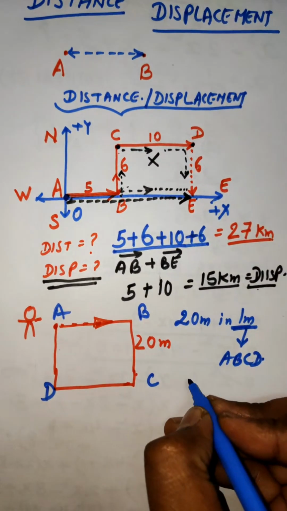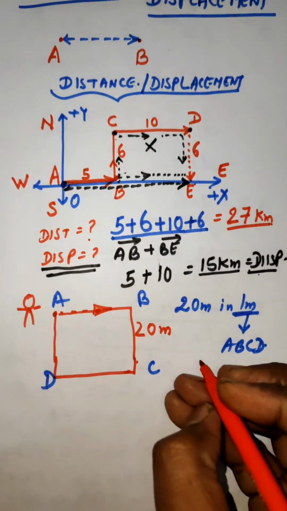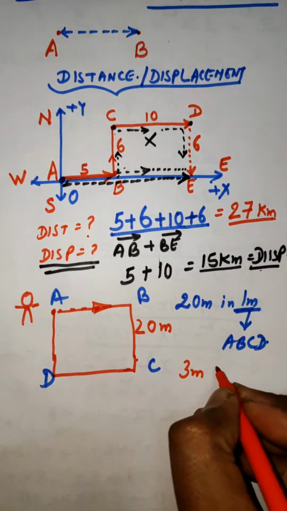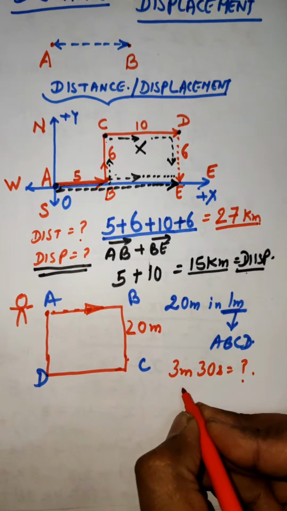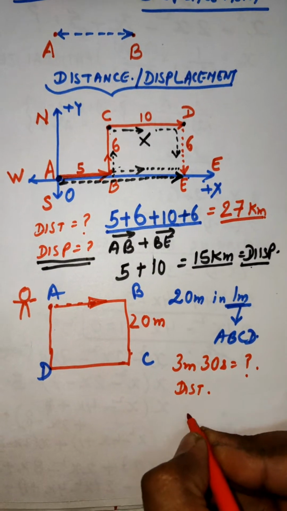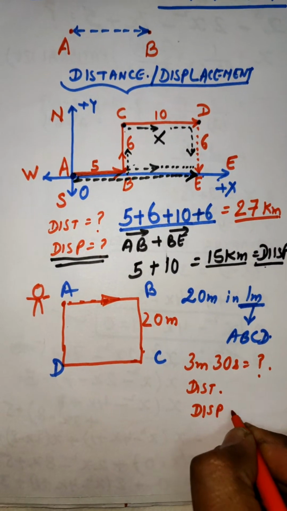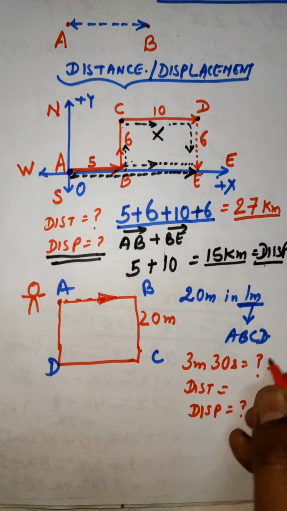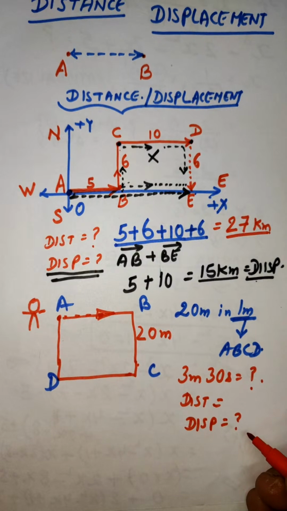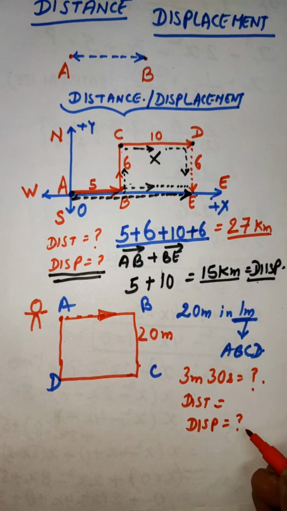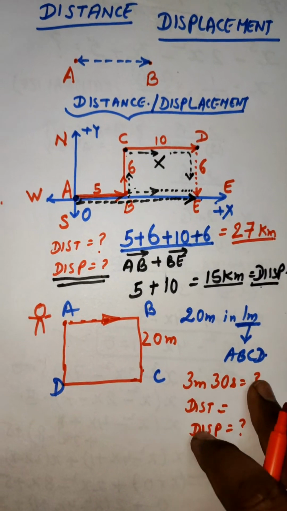So what is the time given? 3 minutes and 30 seconds. So in 3 minutes and 30 seconds, you need to calculate the distance and the displacement. Because displacement has magnitude and direction, you need to find that magnitude and even the direction of that displacement.